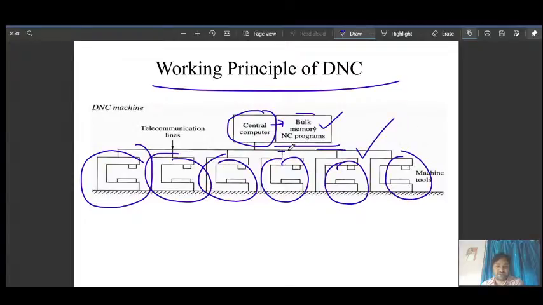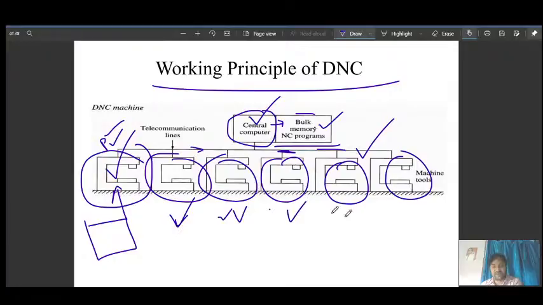This telecommunication line carries two-way information. It means from the central computer, information regarding each machine tool can be accessed: how many parts this machine has made, how many parts are pending on this machine, and which part is being produced here, a different part here, a different part there.